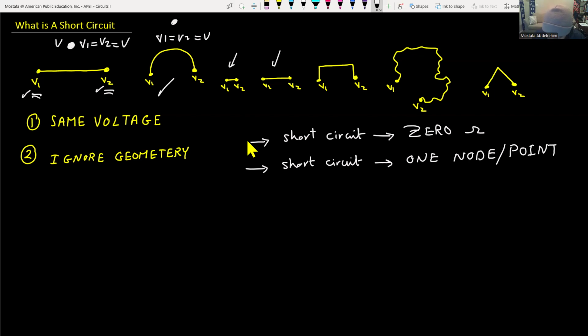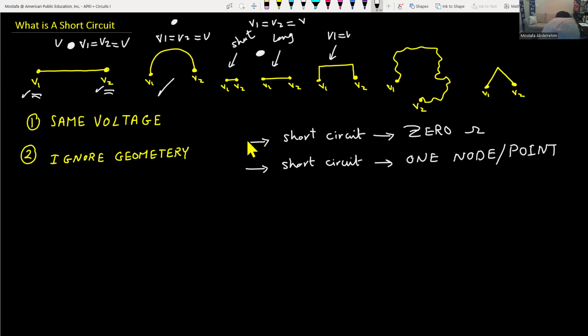Long or short, like short in length or long in length, whatever. Still, V1 equal to V2. Let's call it V. This can be reduced to one node called V. You can make it a rectangle like this.